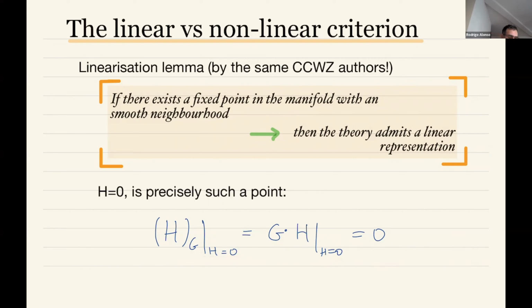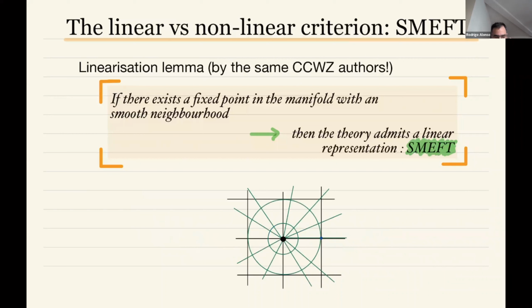Not only that, but it has to have a smooth neighborhood, and by that we just mean that it admits this expansion in powers of the Higgs doublet. And then saying that it admits a linear representation is saying that, in our case, we recover SMEFT. So this is driving home the same message.